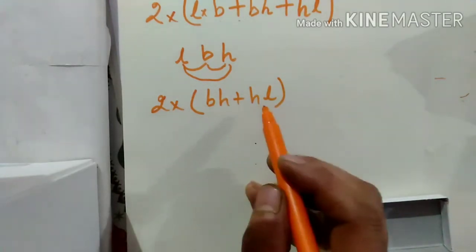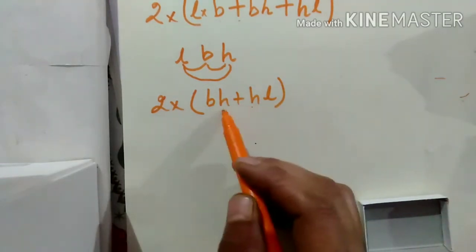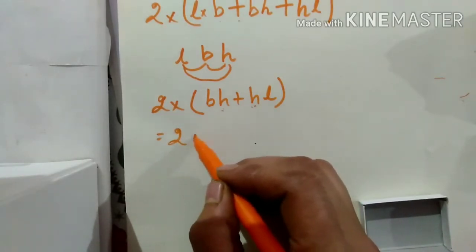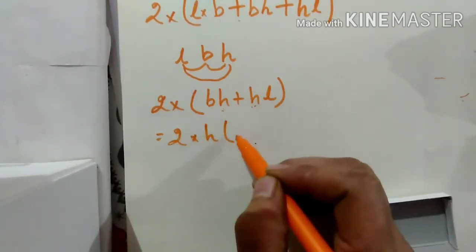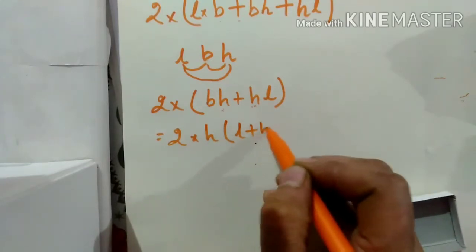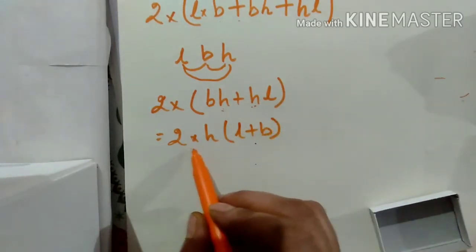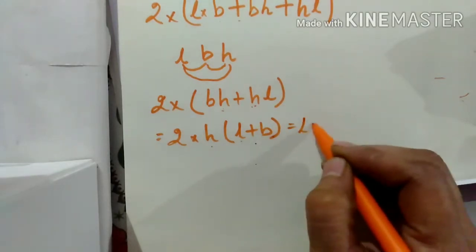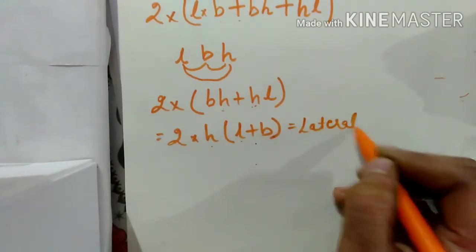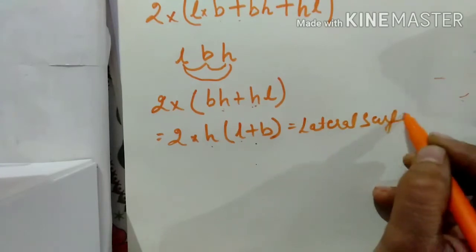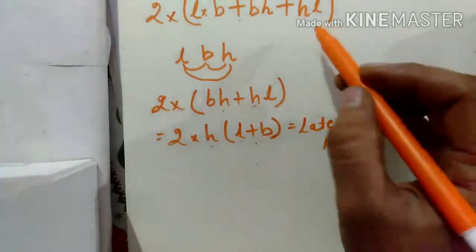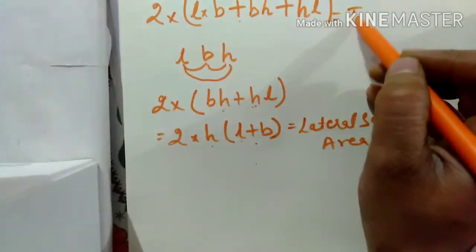Now BH and HL both have height common, so we take it out as 2 into height into L plus B. This is the lateral surface area, and this is the total surface area.